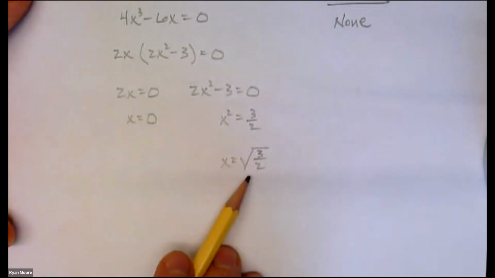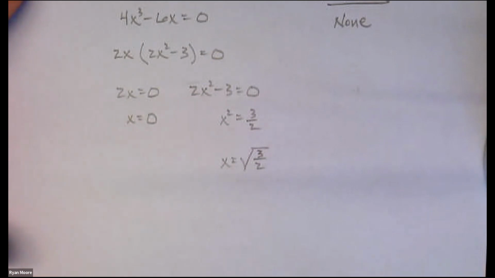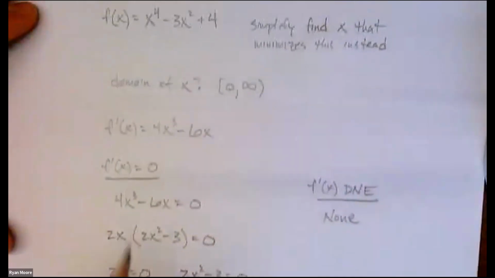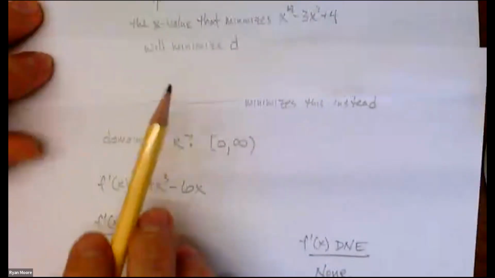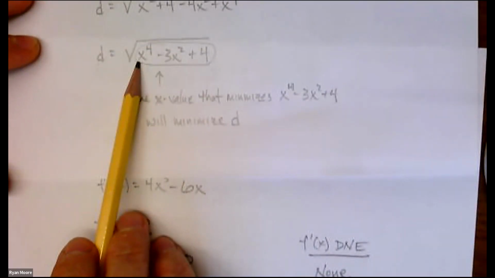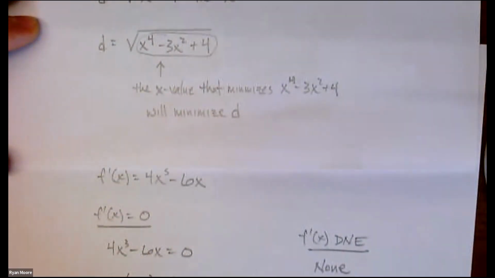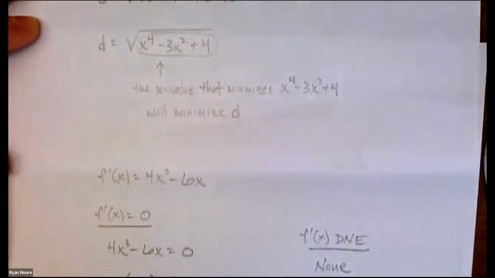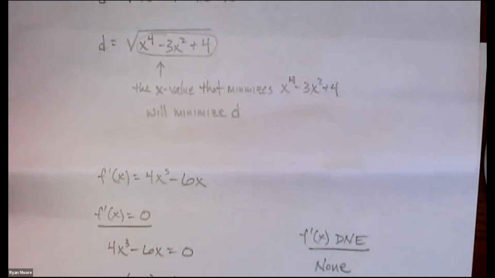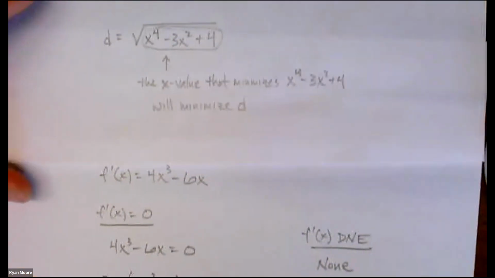We need to plug both of these back into our f. Actually, we have a choice here. Remember, these values minimize f, they also minimize d. So we could take those values and actually plug them into d and figure out which one will create the minimum distance.